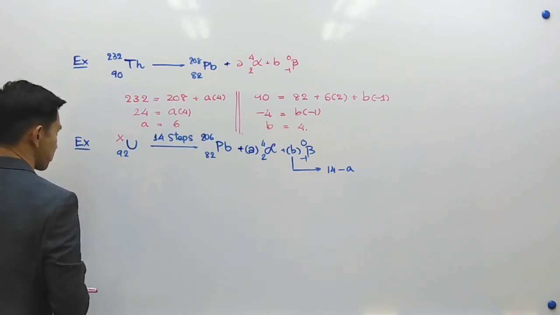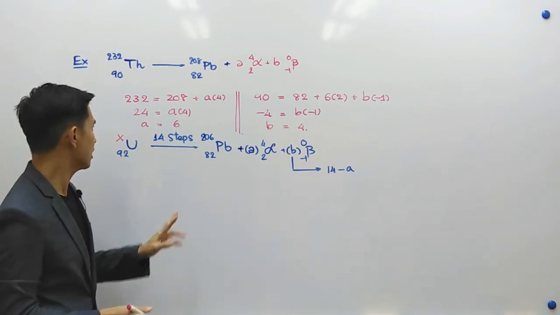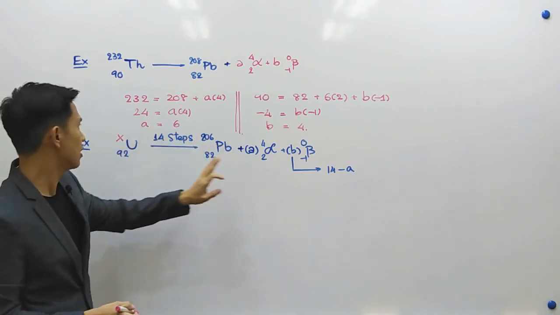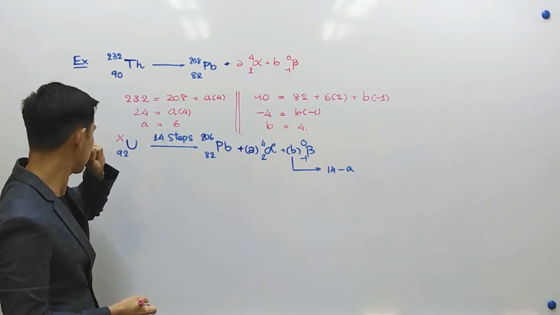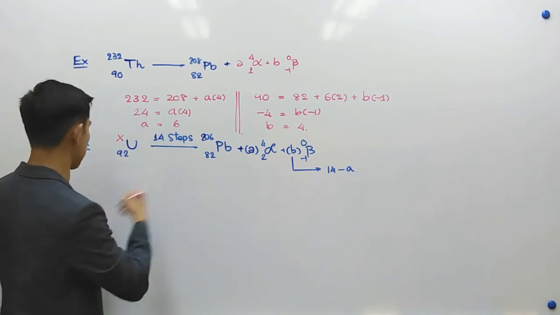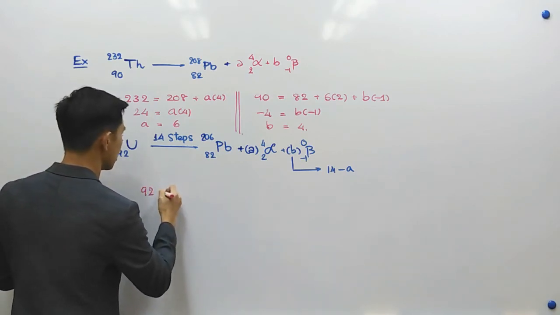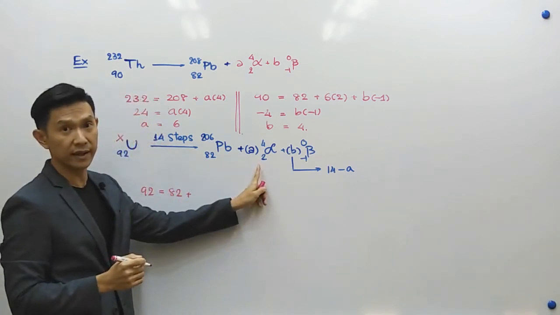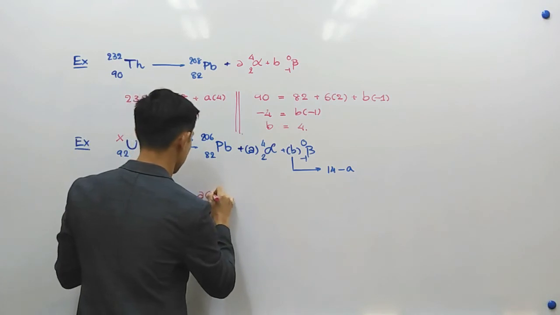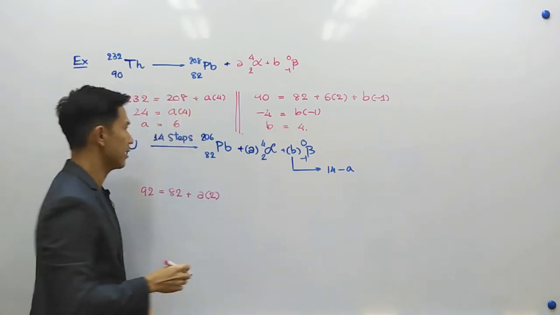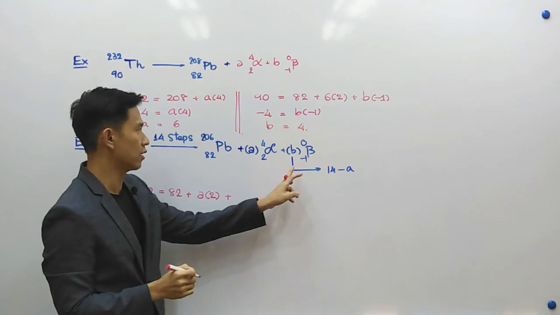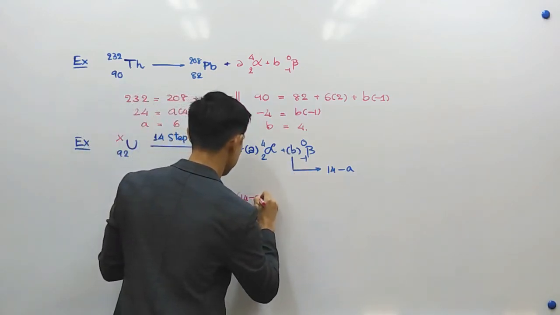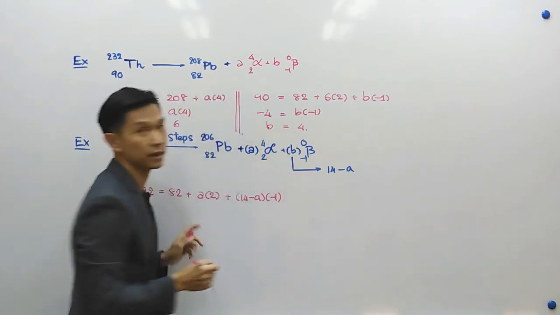So now we have two equations: the equation of the mass and the equation of the charge. For the equation of the charge, the number 92 here would be equal to 82 positive plus A steps of 2 plus and B steps of 1 minus. But the B steps here is 14 minus A steps multiplied by minus 1.